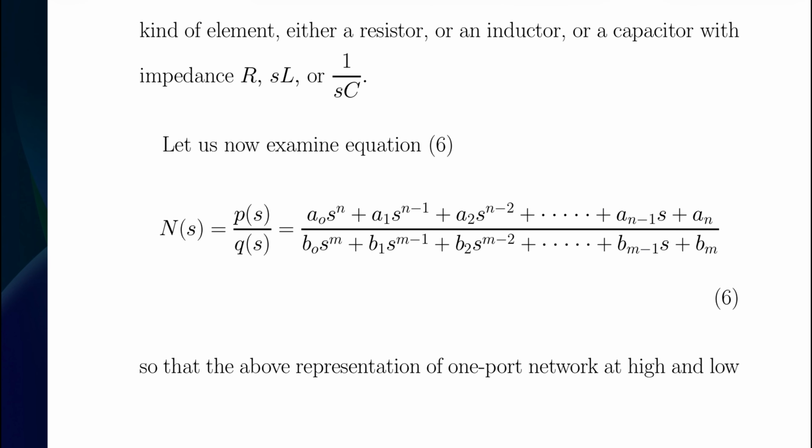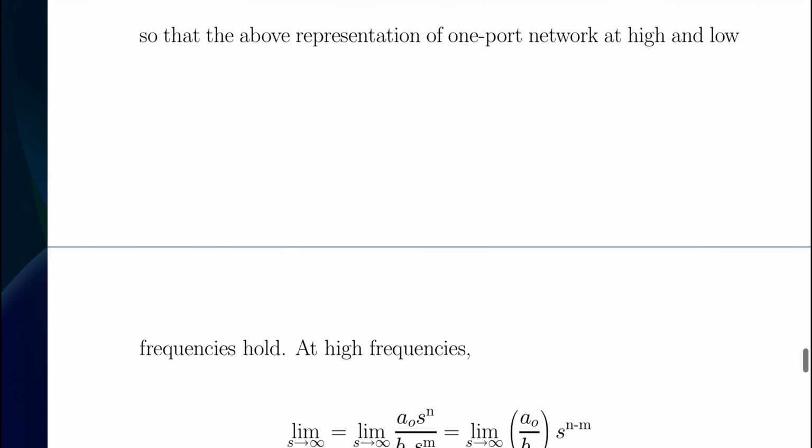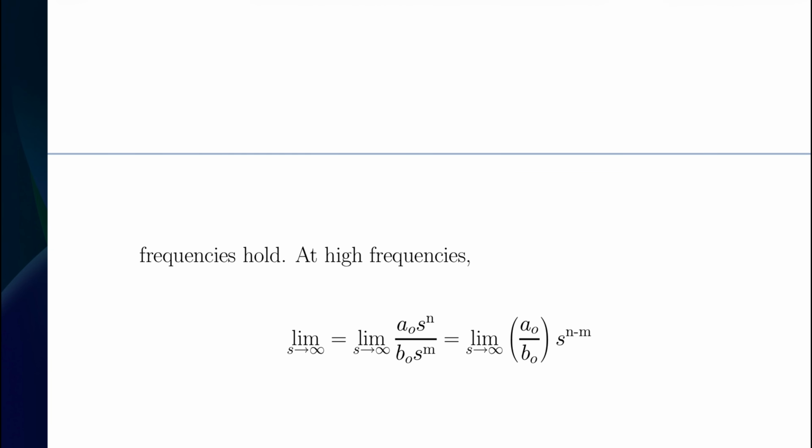So that the above representation of a one-port network at very high and low frequencies holds. At high frequencies, the limit of a0 s to the power n upon b0 s to the power m as s tends to infinity is equal to a0 upon b0 s to the power n minus m as s tends to infinity.